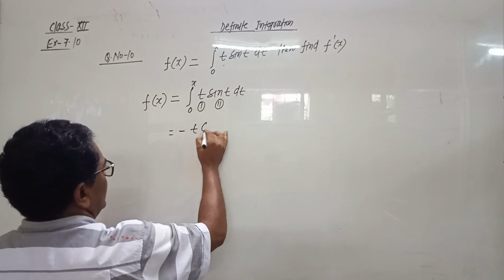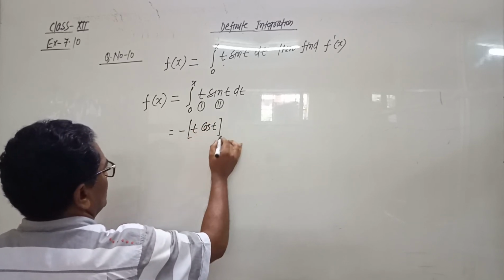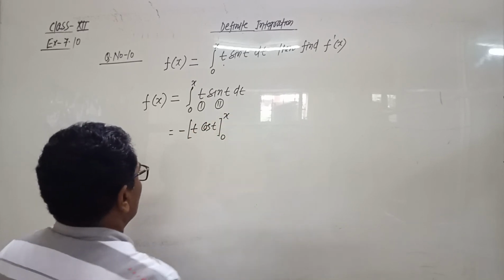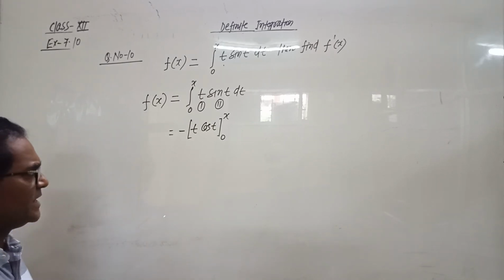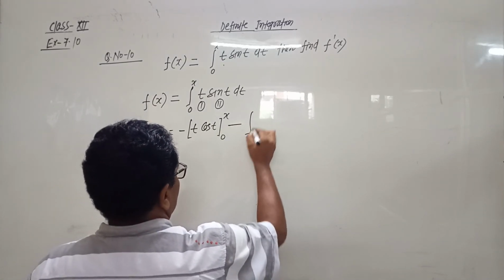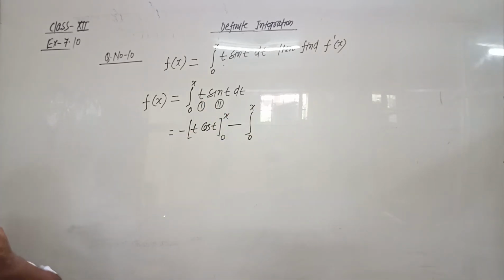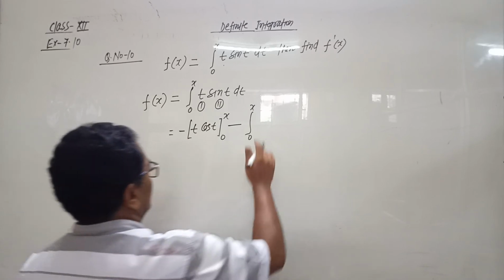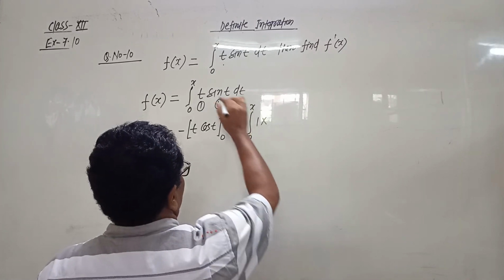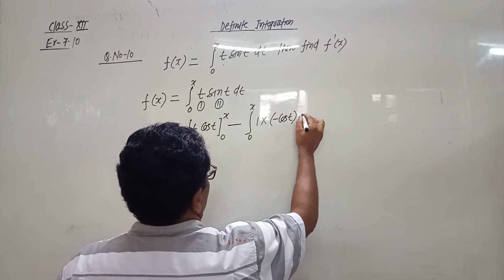Integration of sin t is minus cos t, and limit from 0 to x. First function into integration of second, minus integration limit 0 to x of d by dx of first, differentiation of t is 1, into integration of second, minus cos t, and dt.